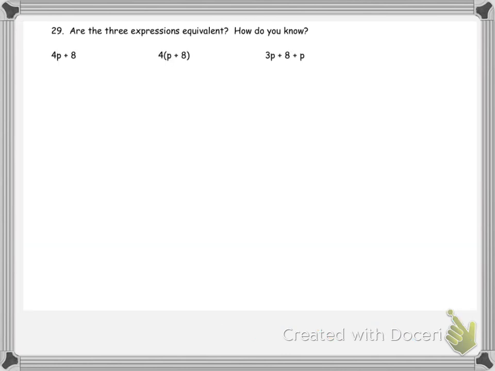Okay, lastly, we have to decide if these 3 expressions are equivalent. And the way to do that is to just use the distributive property and combine like terms until they all look the same. So what I'm going to try to do is make all of the expressions look like this one: a coefficient multiplied by a variable plus a constant. And I can do that by distributing. 4 times p is 4p, plus 4 times 8 is 32.